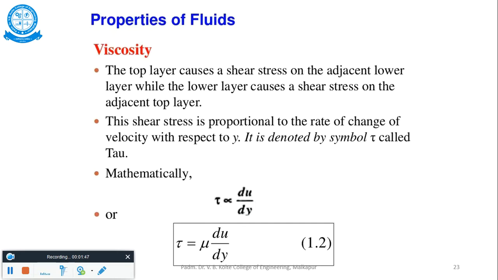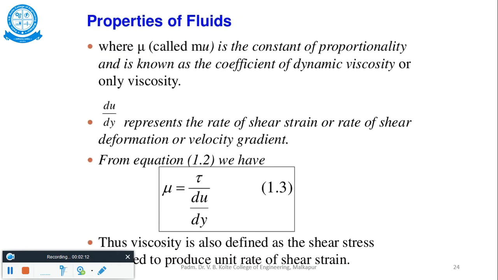Mathematically, tau is directly proportional to du by dy, and when we insert the constant of proportionality, the equation is tau equals mu into du by dy. Here du is the change in velocity, dy is the change in distance, mu is the constant of proportionality or coefficient of viscosity, and tau is the shear stress.